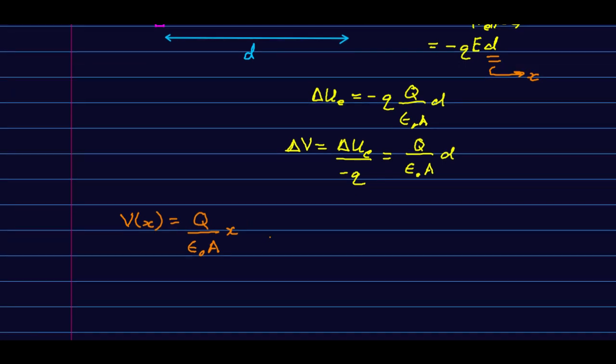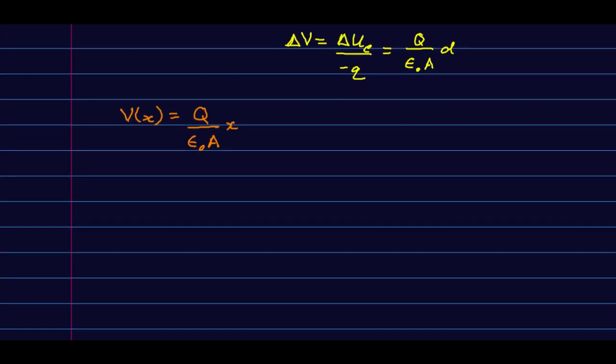And think about what that looks like. If we graph that, we know that we set the potential to be 0 at x equals 0. And it rises, and we know that out here at d, the potential is Q over epsilon naught A times d.